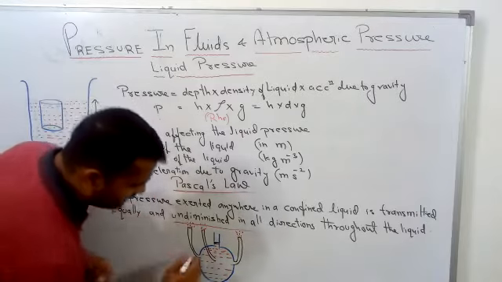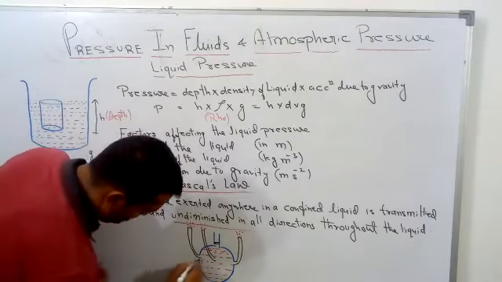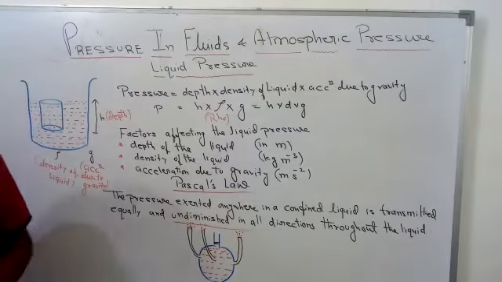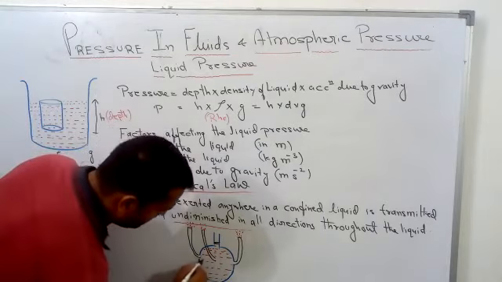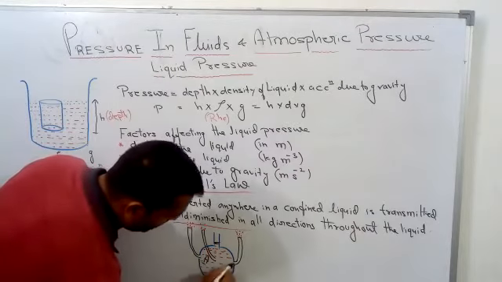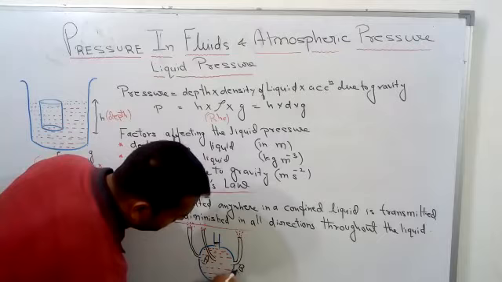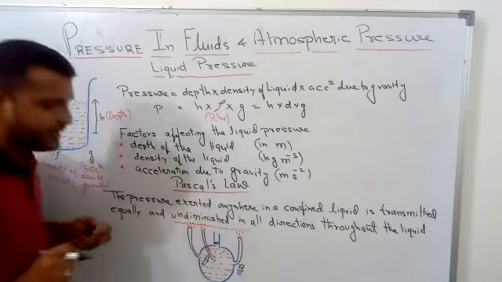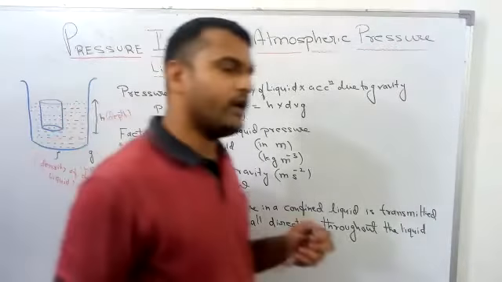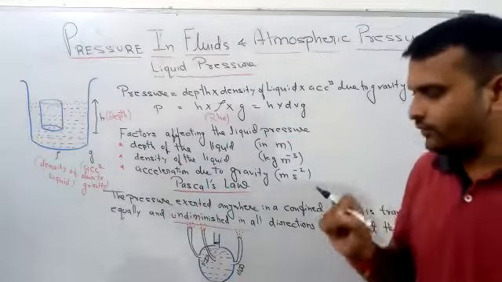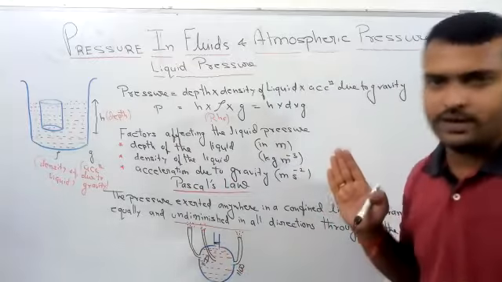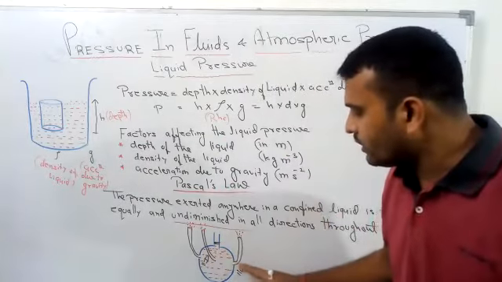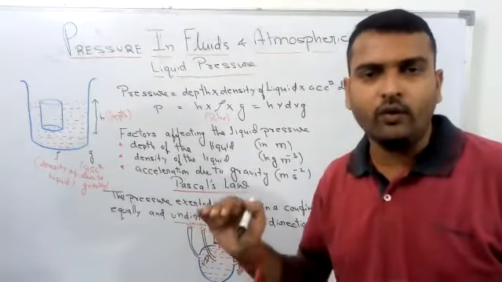We consider this point A, and this point B. When we are not putting pressure, there is a difference between the pressure at A and B, because both the columns are not at equal distance.